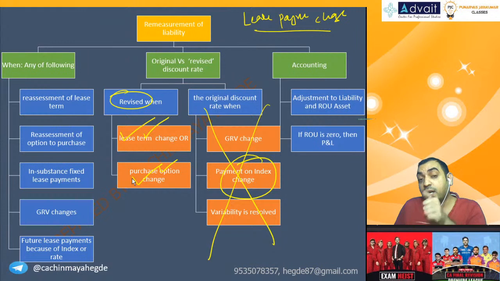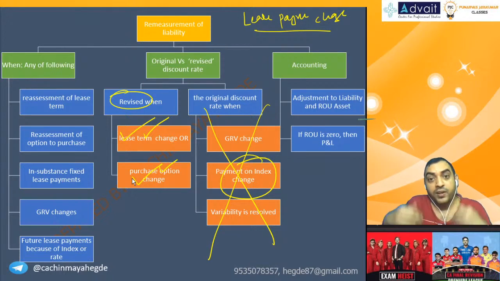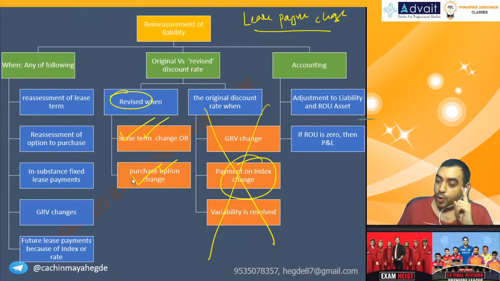But new rate will come when the price itself is changed, that is the scope change, you took an additional building on rent or the existing building you gave away. Those cases lease modifications will come, and lease modification is always revised rate. But if these index rate changes, it's not lease payment change as such, so original rates only will come. If inflation index and all, you take the original rate.